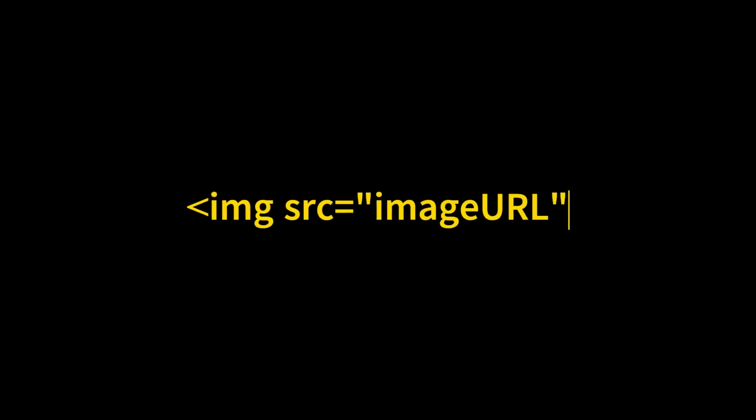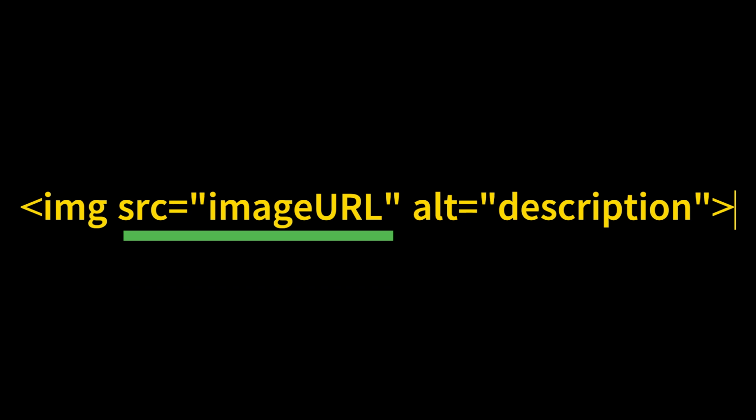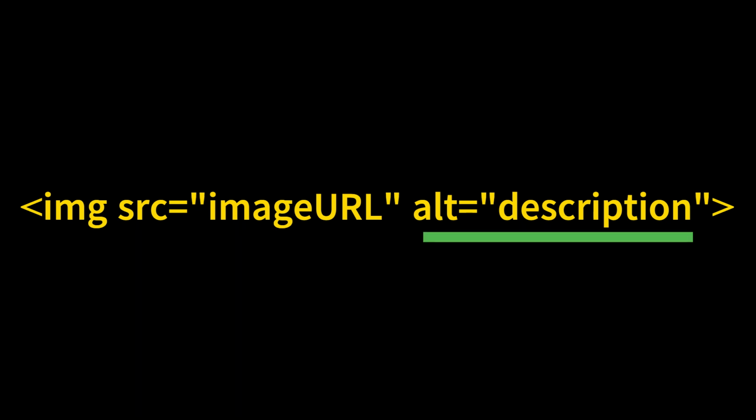The basic syntax of the image tag is as follows. The src attribute specifies the path to the image you want to display, or an absolute URL pointing to an image on the web. The alt attribute provides alternative text for screen readers and is also displayed if the image fails to load.